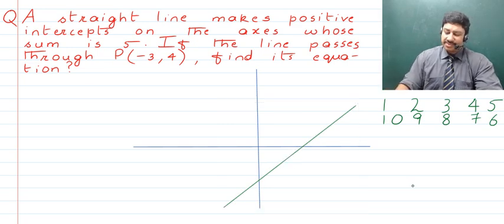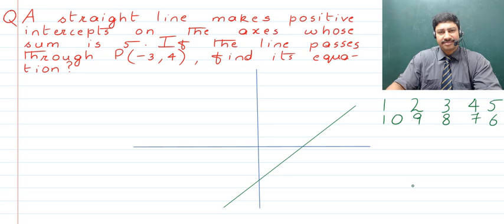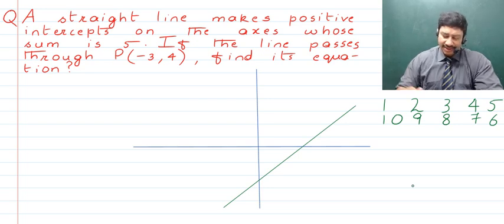So Jessica, tell me, is this the line that we are expecting? Is it possible that the line that we are talking about in the question, which has positive intercepts, is this line? Don't know, I'll tell you. This is the point where the straight line has cut the x-axis.